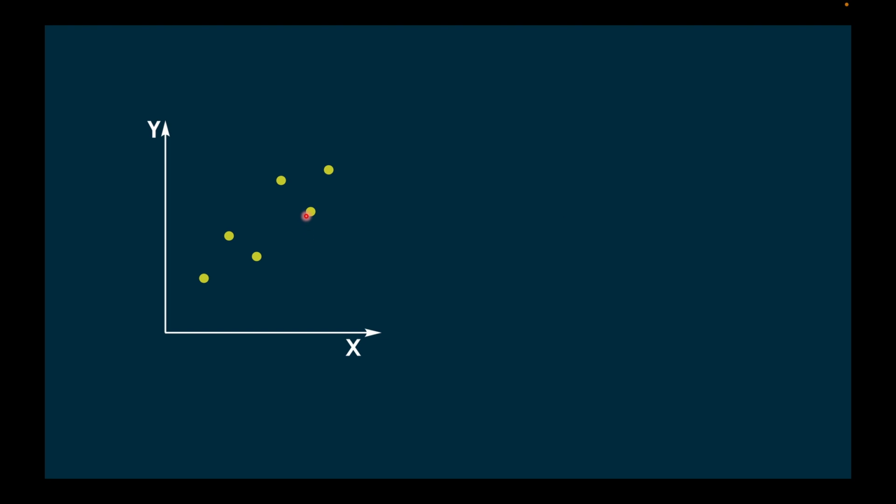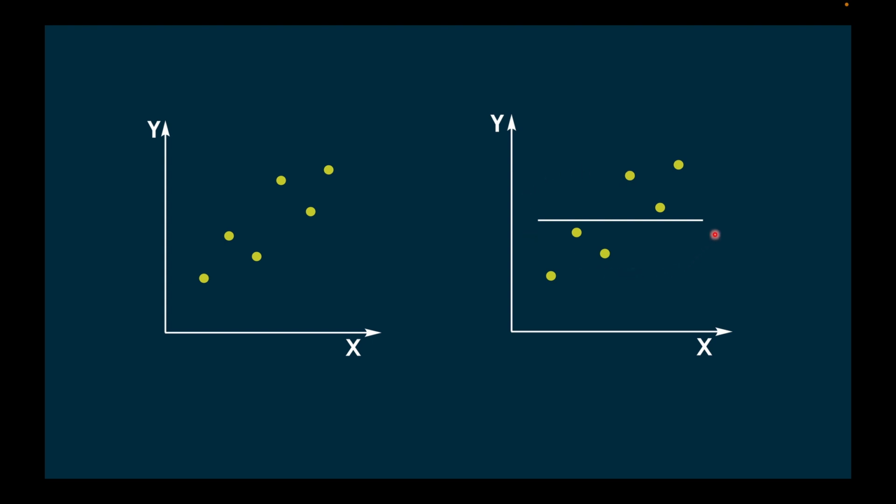Now, if you remember, we had this scatter plot. In order to draw a best fit line using the least squares method, we just need to draw a horizontal line parallel to the x-axis. Then we need to determine the residuals.